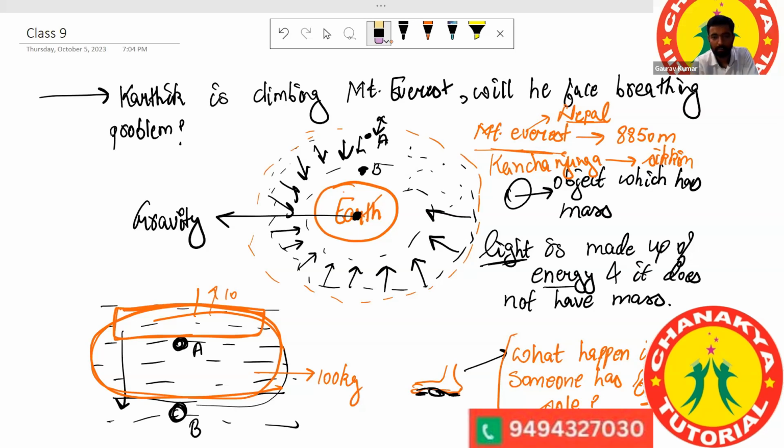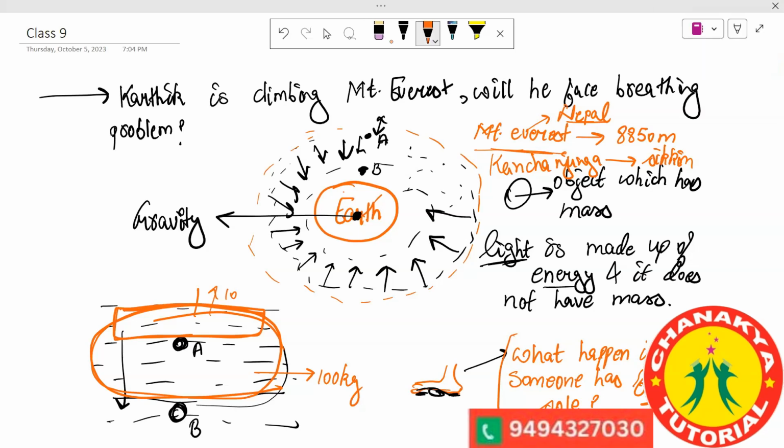Because the air becomes thinner and lighter. Yes, there are fewer air molecules, so the pressure would decrease. Like we talked about in the case of A and B, as we go from B to A, point A is above point B at some height.